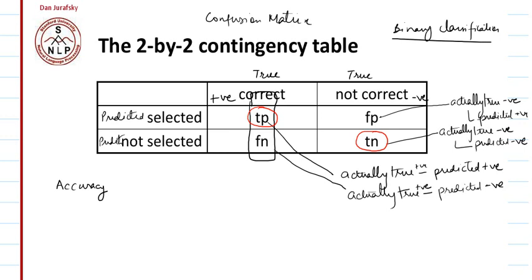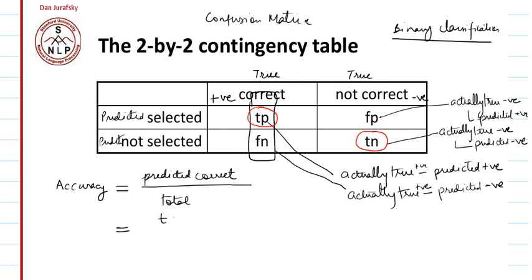Right? So when we calculate the accuracy, accuracy is equal to all the correct predicted labels upon total. So what is the predicted correct? Predicted correct is true positive and true negative.